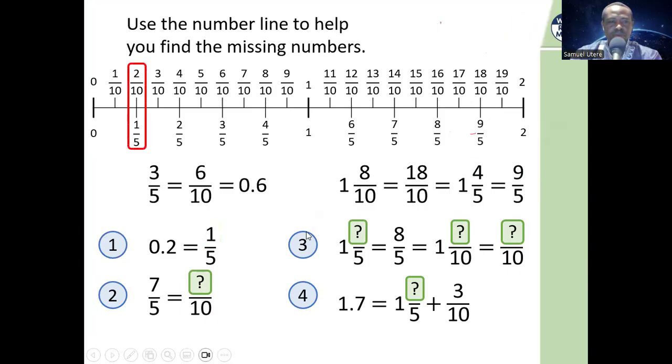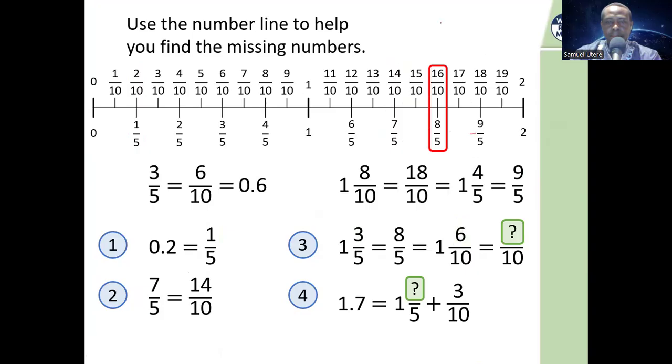Okay. 1 2/5, you can use the number line to complete that. That will be 14/10. Then 1 3/5 will be 1 6/10, which is the same thing as 16/10.